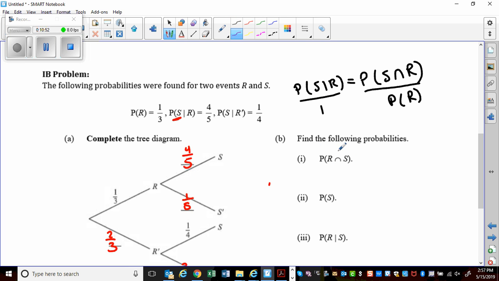The probability of R intersecting S is the probability of R, which is 1/3, times the probability of S given R, which is 4 over 5, which is equal to 4 over 15.